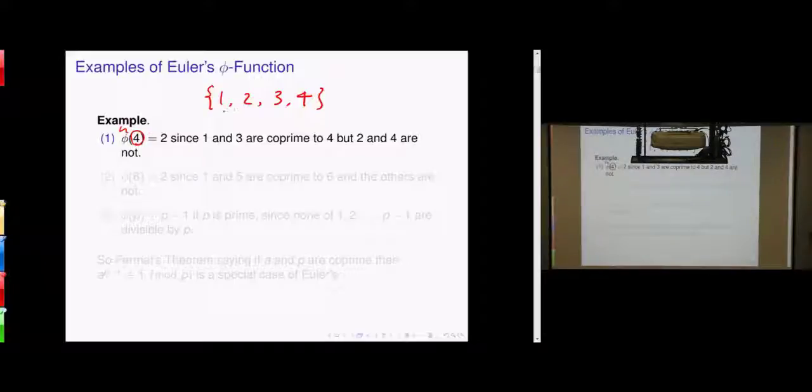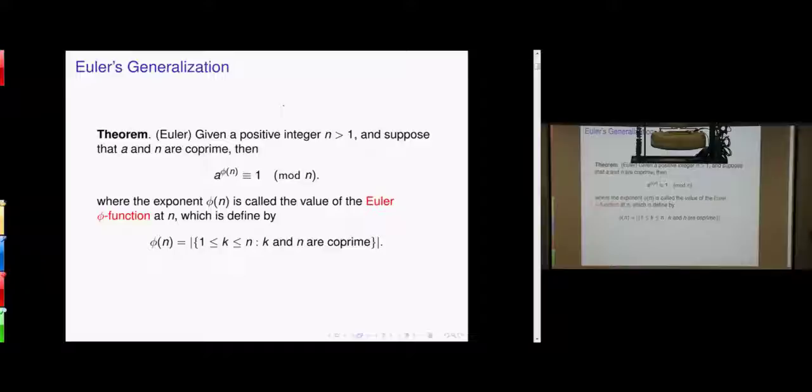For example, among these 4 numbers, 2 certainly has a common factor with 4. And obviously, 4 itself has a common factor with 4. So these 2 numbers are out. The remaining ones are 1 and 3, right? So 1 and 3 are the numbers that appear in this funny set.